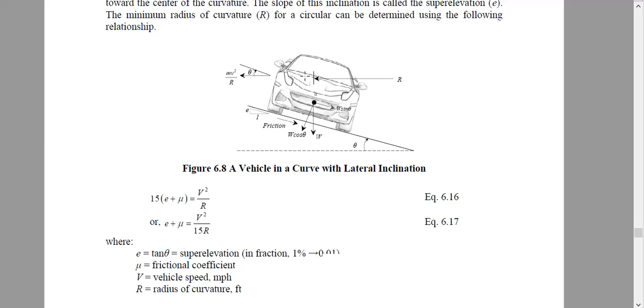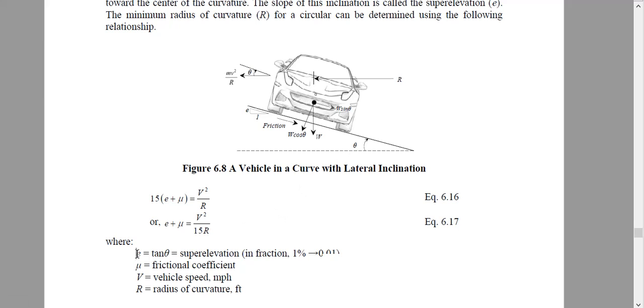That means if this car runs around this horizontal curve, there will be inward force and the car will feel like it is being thrown outside. This raised portion of the road will try to minimize that centrifugal force. We raise the outside of the road, and that is called super elevation. So this theta is actually the super elevation.